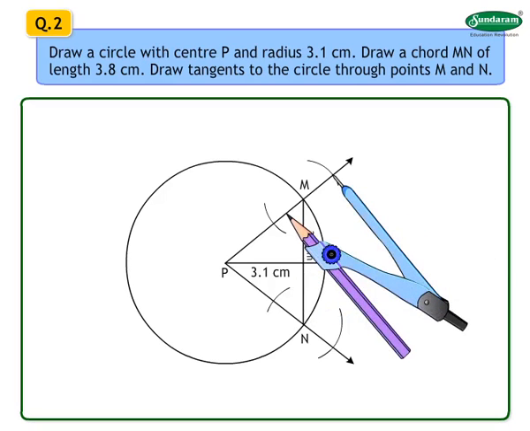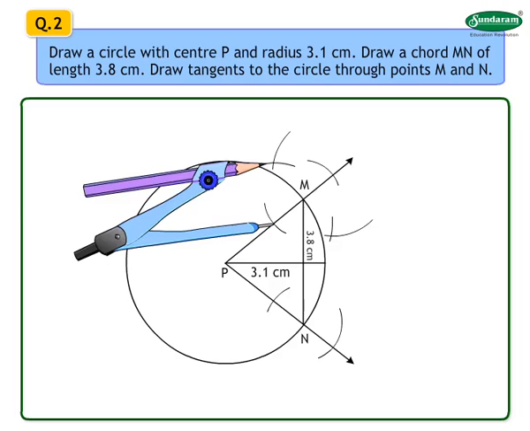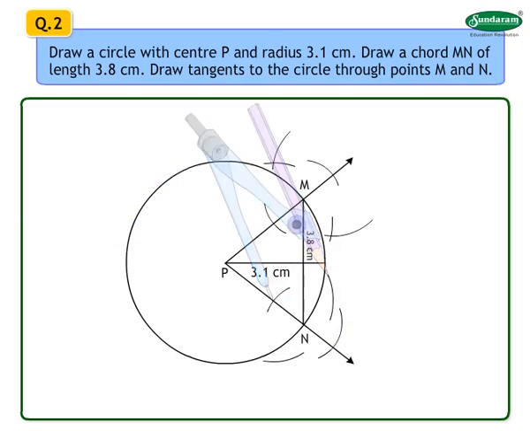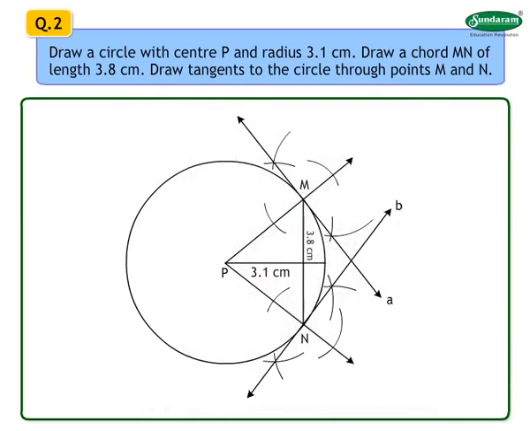Take more than half the length of the distance between the arcs and draw two intersecting arcs below and above points M and N. Now draw perpendicular lines A and B to rays PM and PN respectively. These perpendicular lines A and B are the required tangents to the circle at points M and N respectively.